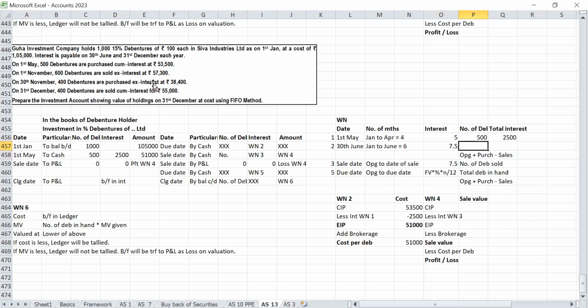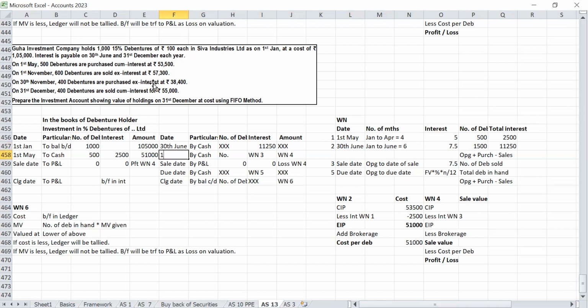How many debentures in hand? 1,500, sir. Opening 1,000 plus 500. So 1,500 debentures in hand. So total interest received 11,250 on this due date, 30th June. Clear? Yes, sir.